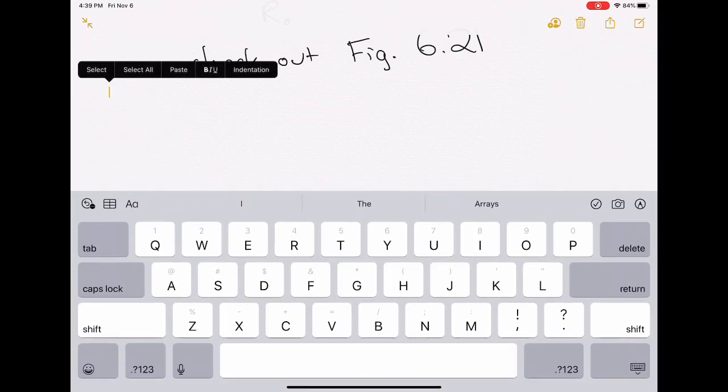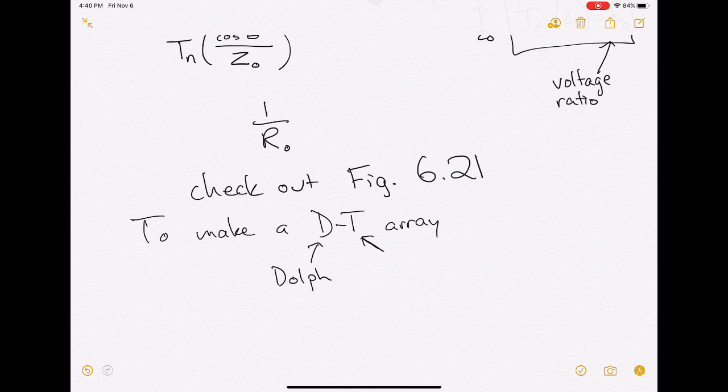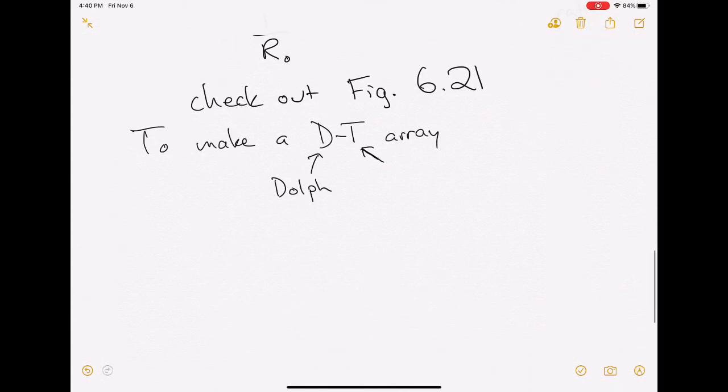So to actually make one of these arrays, the D here stands for Dolph, who was the person who figured out how to use this type of polynomial to do array excitations, and the T is for Chebyshev. The first thing you do is you choose, or specify really, the number of elements and the side lobe level.